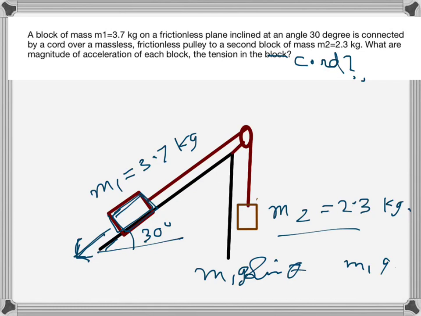So if we say the acceleration is a, this one's weight is m2 g, and the second one's weight is m1 g sine 30 degrees.